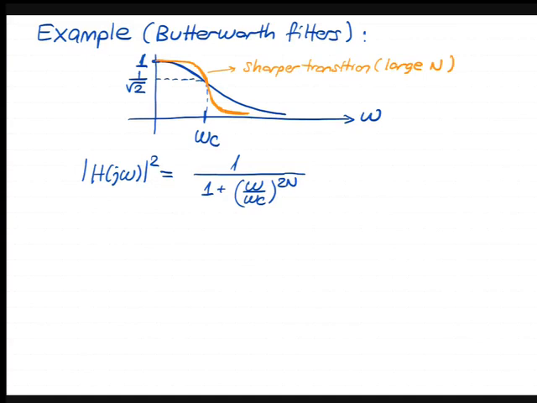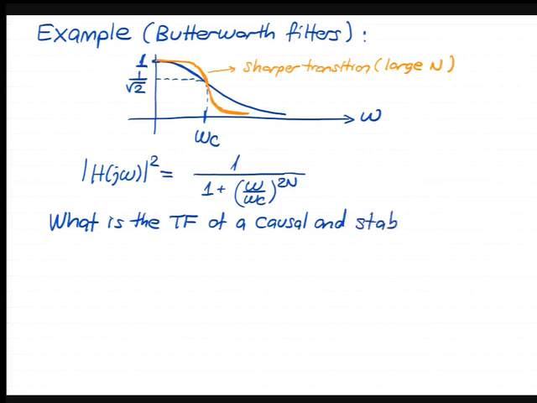So what is the transfer function, which I'm going to abbreviate as TF, of a causal and real LTI system, and of course you want stability too? I'm saying my conditions one by one, but you want causality and stability.